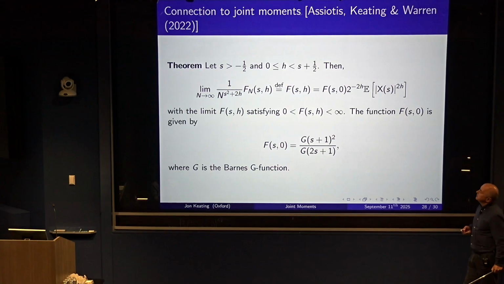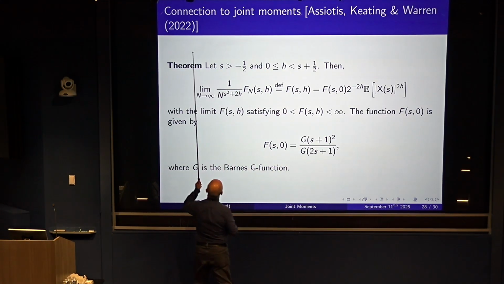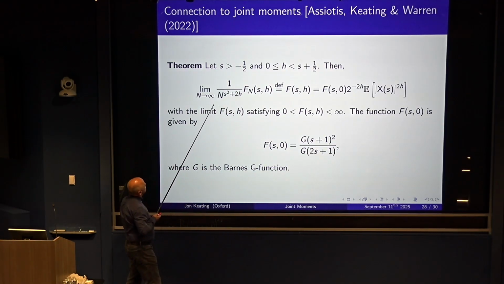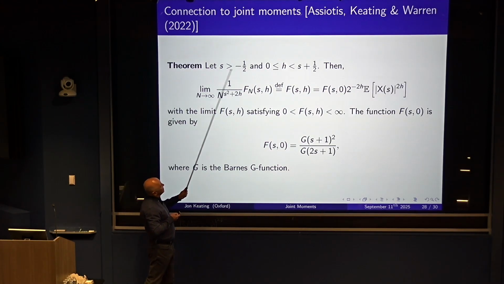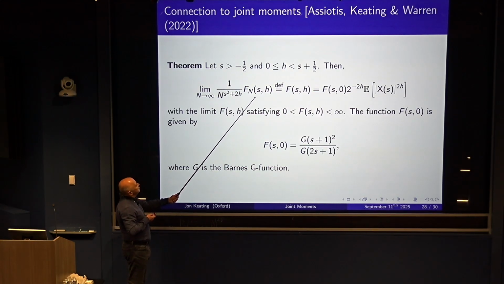So what's the connection? Well, what we were able to prove a couple of years ago with Theo Assiotis and Jon Warren is that if you take the joint moments, now I'm not restricting to integer exponents in the joint moments, for any variables in the full range where the joint moments are defined, you take your joint moment, you divide by n to the power s squared plus 2h, which is what Chris Hughes conjectured.